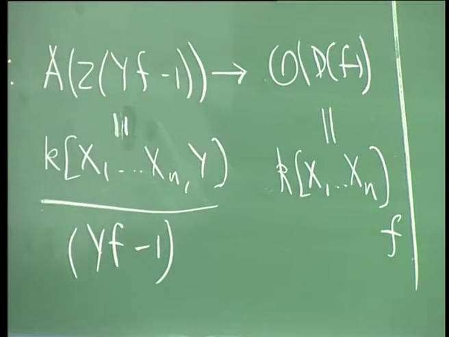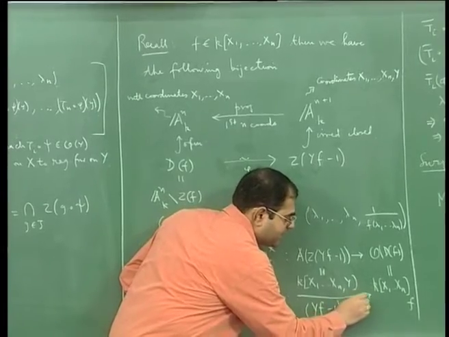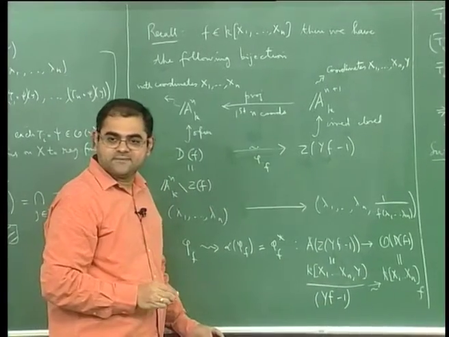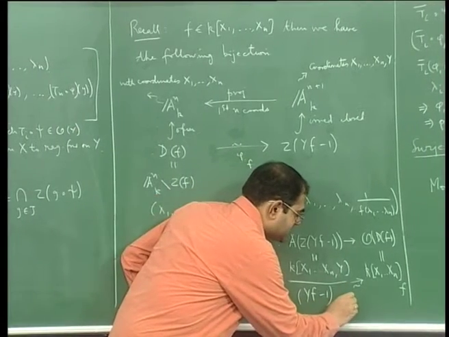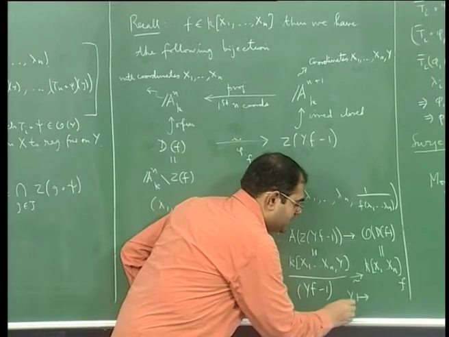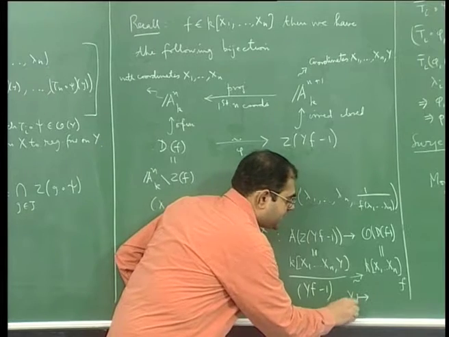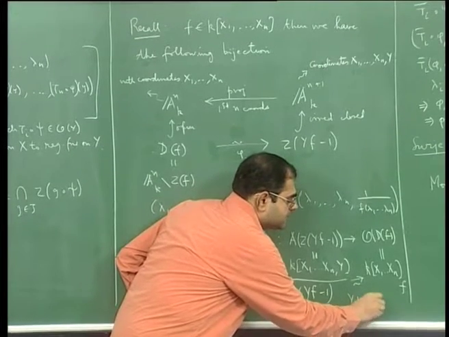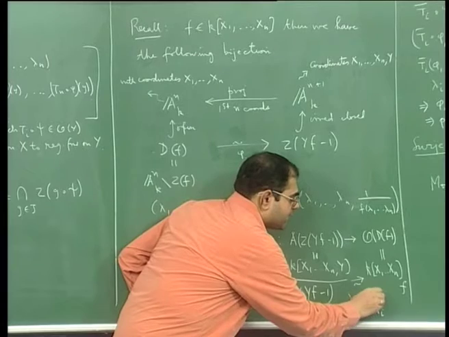Okay, this checking can be done, and now after you do that checking, you check that this map is the natural isomorphism you get in commutative algebra. It is a map that is given by sending xi to xi and sending y to 1 by f.